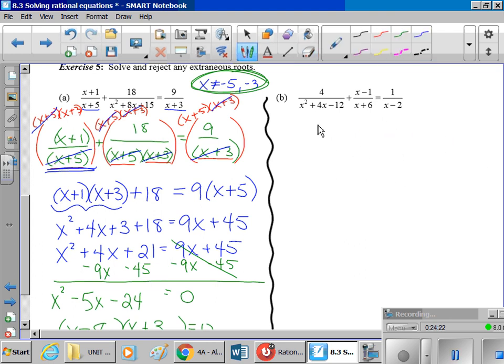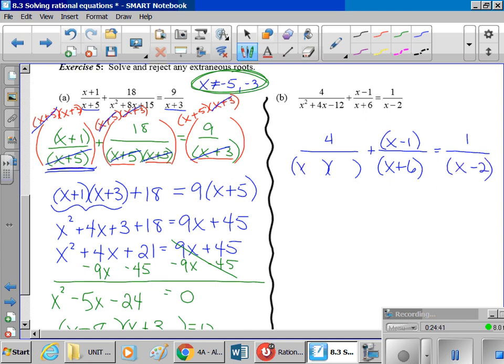I'm sorry, I was right. I have to reduce first. So I get 4 over x minus 1, protected, x plus 6, protected, 1 over x minus 2. So this becomes, look at your answers over on the other side, x plus 6, x minus 2. I got that just by looking at the other two of them.